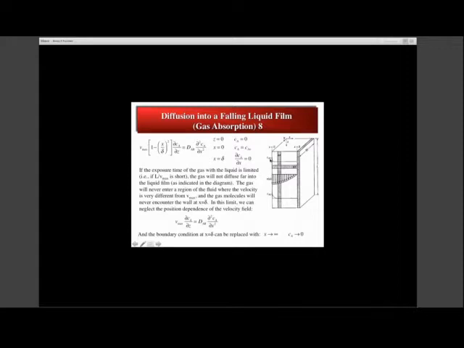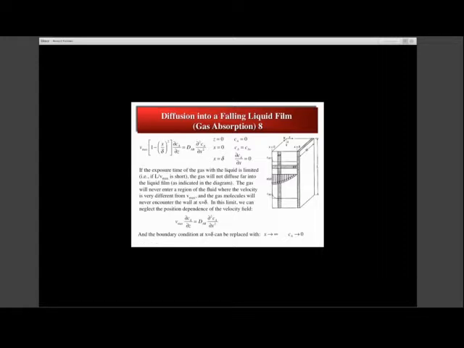So the gas is at its highest concentration here at the surface of the liquid, and it starts to diffuse into the liquid, and as the liquid moves down, the gas diffuses further and further, deeper and deeper into the liquid. But in the short exposure limit, the gas never gets very far into that liquid. And this is often the limit in which these kinds of devices operate.